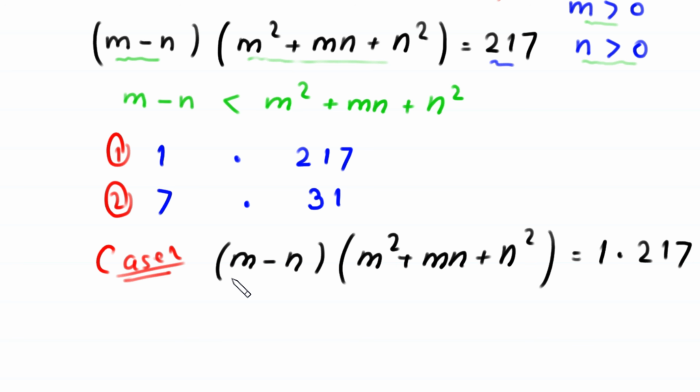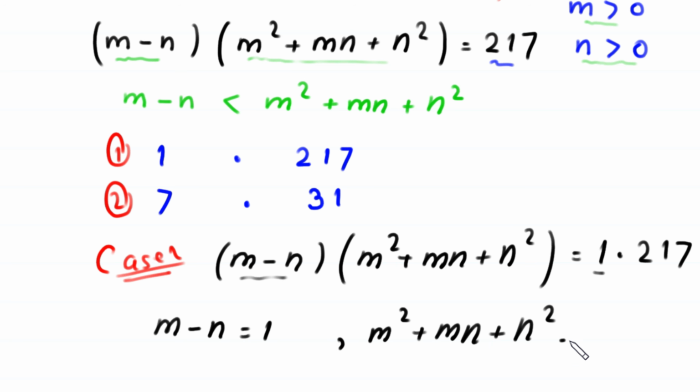So this first factor m minus n will be equal to 1, m minus n equal to 1, and this second factor m squared plus m times n plus n squared will be equal to this second factor, 217.